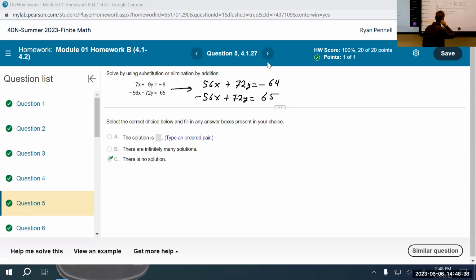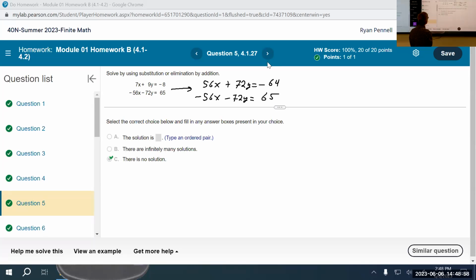Okay. Now, the x's are equal and opposite. Hey, Adam got it. I'm glad. Isn't that a -72? Yes. Thank you.